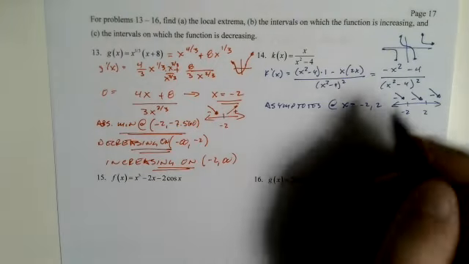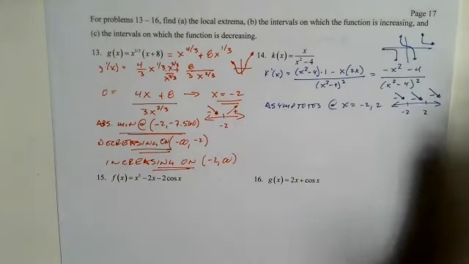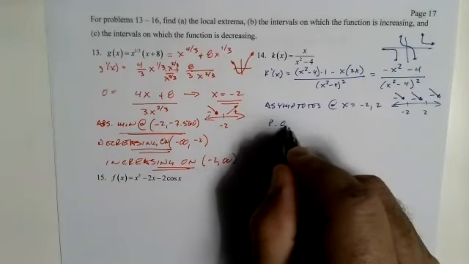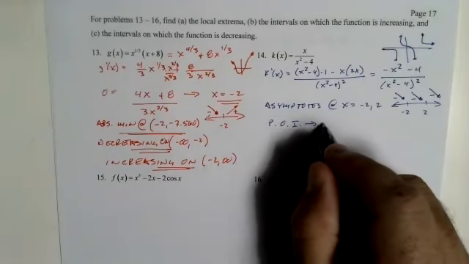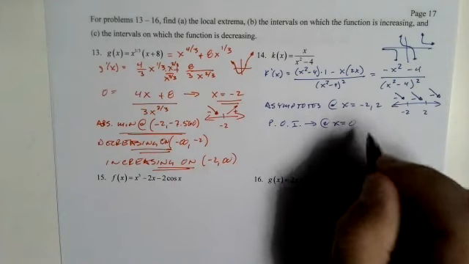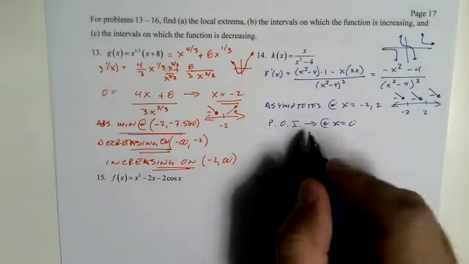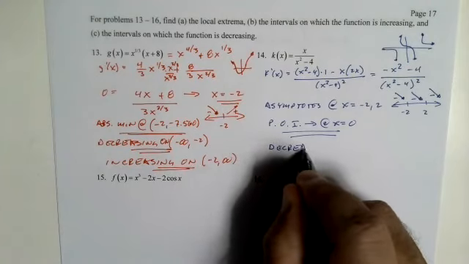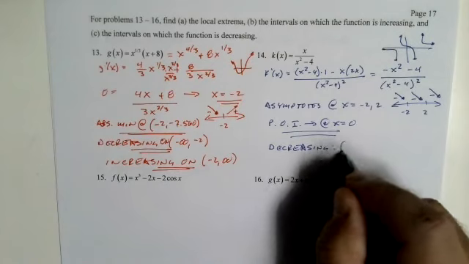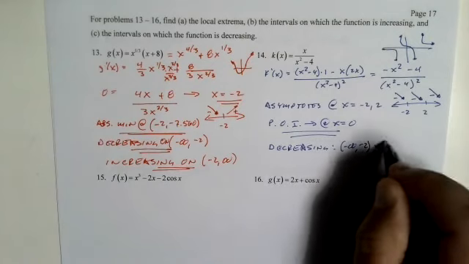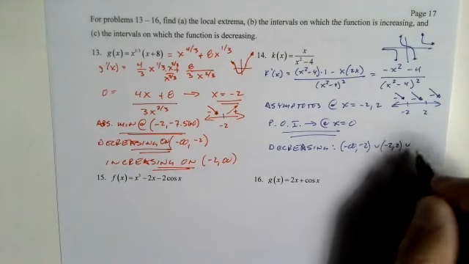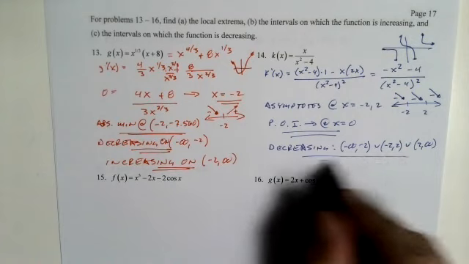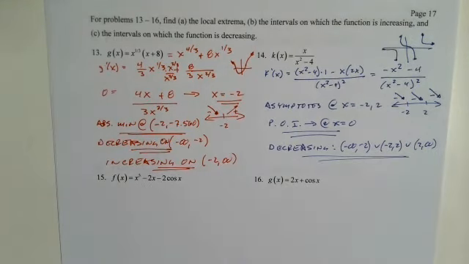So the top never, the derivative never equals 0. That's probably a POI. We haven't really discussed that yet. At x equals 0, 0 comma 0, but we won't get into that. So decreasing pretty much everywhere, but technically not at the asymptotes, so we do negative infinity to negative 2, union, negative 2 to 2, union, 2 to infinity. I think I've been putting little 'and' signs in here. You can do that too. Whatever works for you.